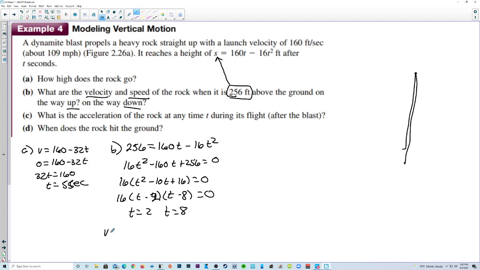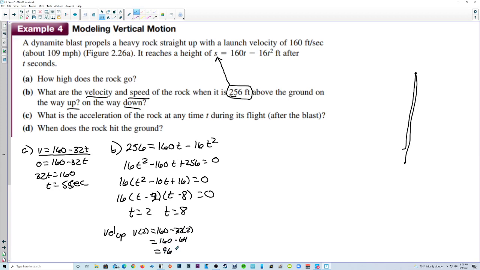So let's go with velocity on the way up. We're going to plug 2 in for the velocity function. So v of 2 is equal to 160 minus 32 times 2. That's 160 minus 64.